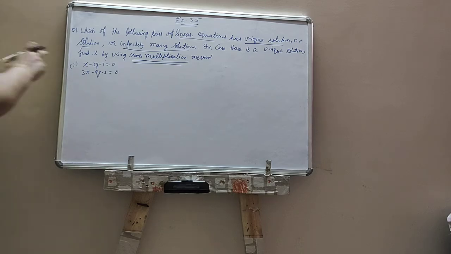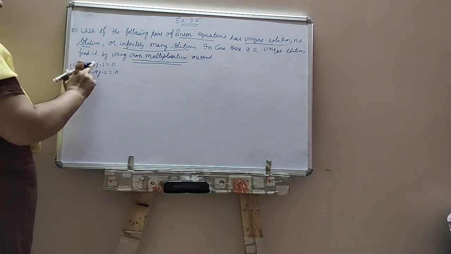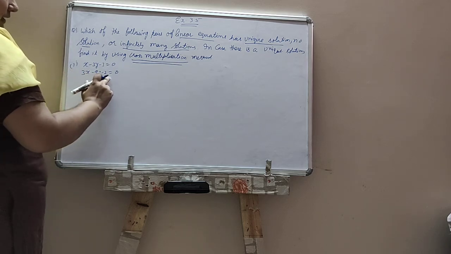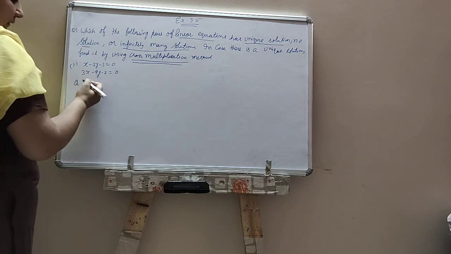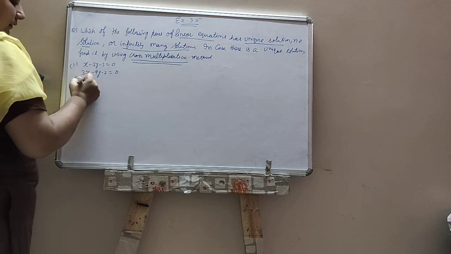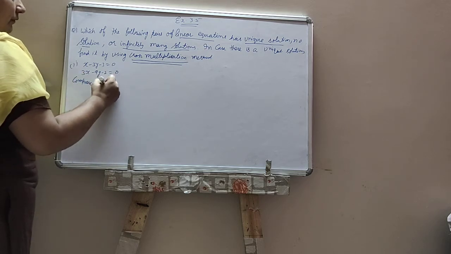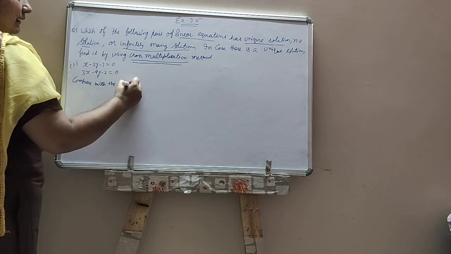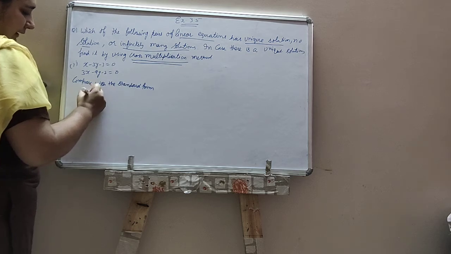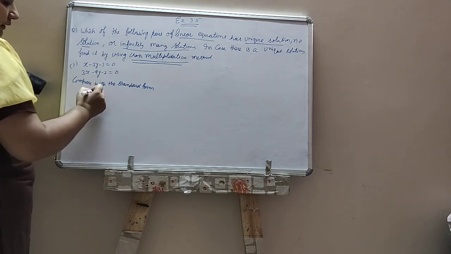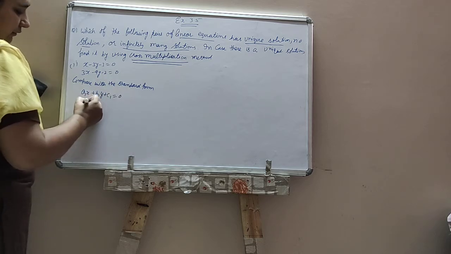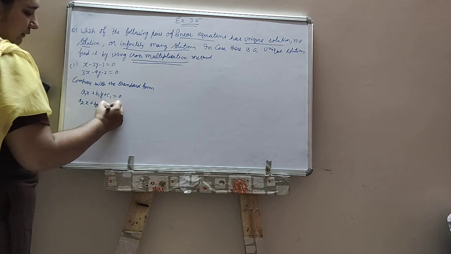Clear? Firstly, this is the first part, x minus 3y minus 3 equal to 0, and the other equation is 3x minus 9y minus 2 equal to 0. Compare with the standard form, it is a1x plus b1y plus c1 equal to 0, a2x plus b2y plus c2 equal to 0.